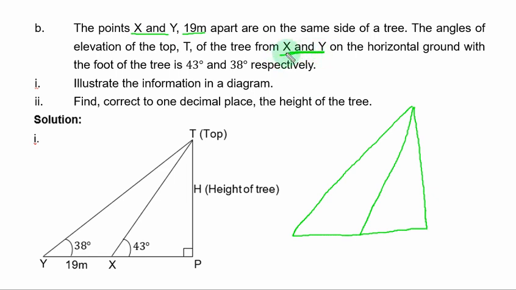The angles of elevation of the top T of the tree from S. So you have S first from the tree. So this point is S and the second point is Y. What that means is that the first angle, 43 degrees, corresponds to S. So this angle is 43 degrees and this angle is 38 degrees.